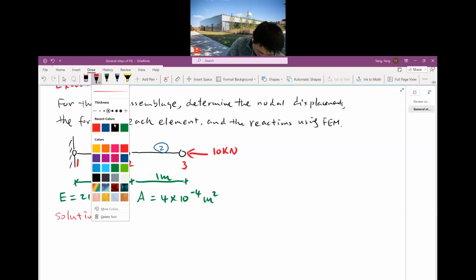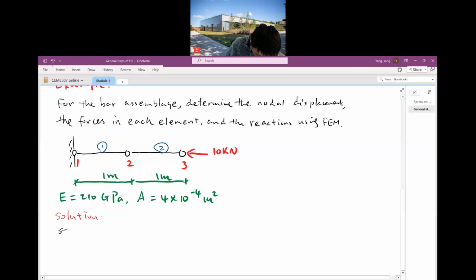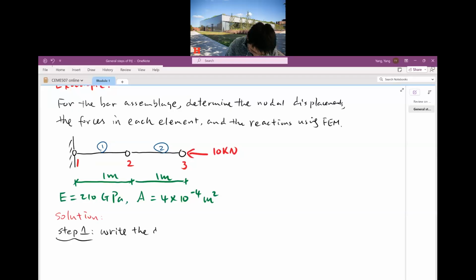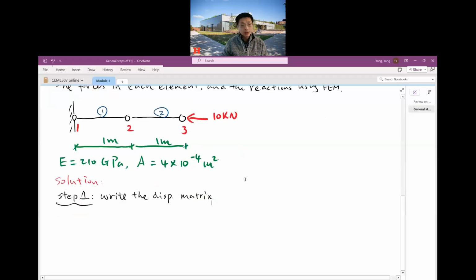So if you are using the finite element method, in step 1 we just write the displacement matrix. The question here is how many displacements we need to consider. We have nodes 1, 2, 3 in two-dimensional space.